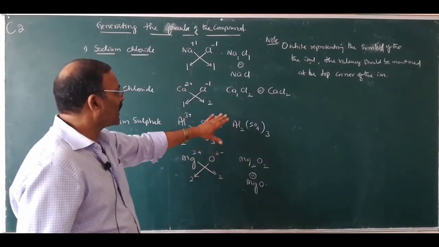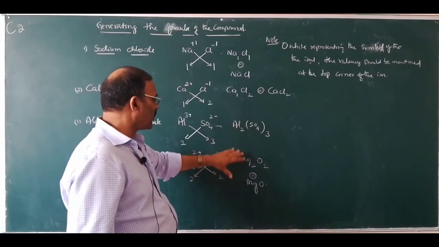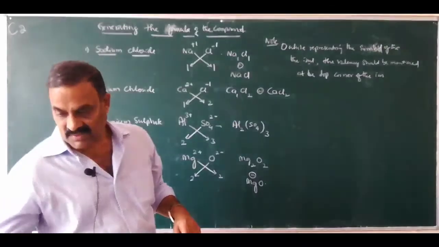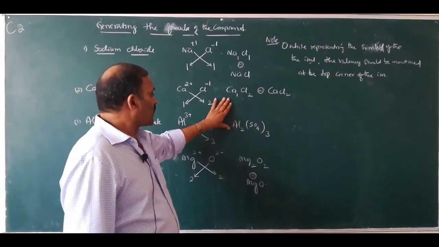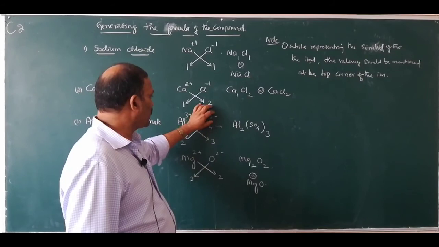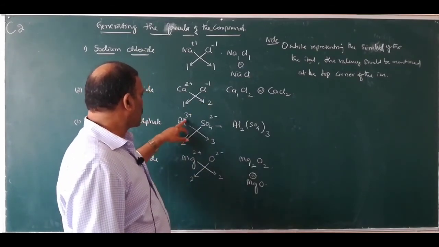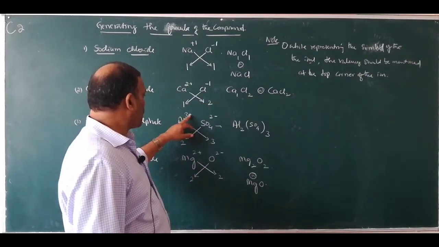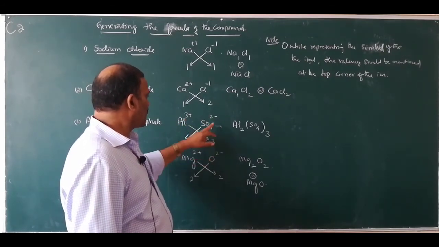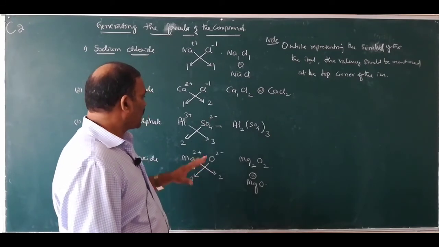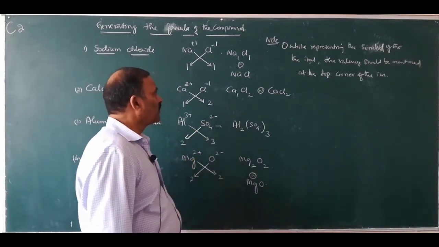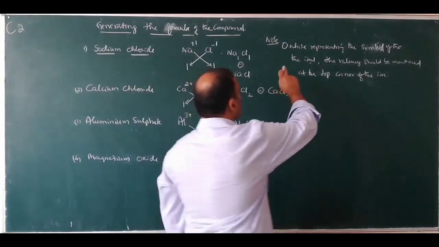While writing the formula of the compound, you need not write the valency because compounds are neutral. The number of positive charges becomes equal to the number of negative charges. So 3 plus into 2 becomes 6 plus, 2 minus into 3 becomes 6 minus. So the number of positive charges becomes equal to the number of negative charges. So this is note number 1.